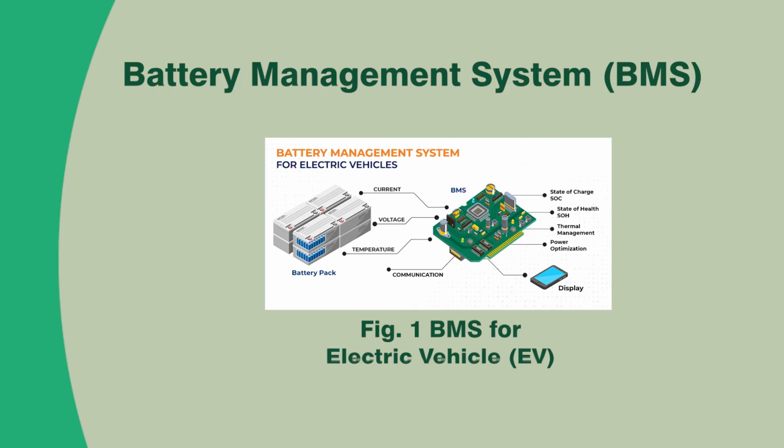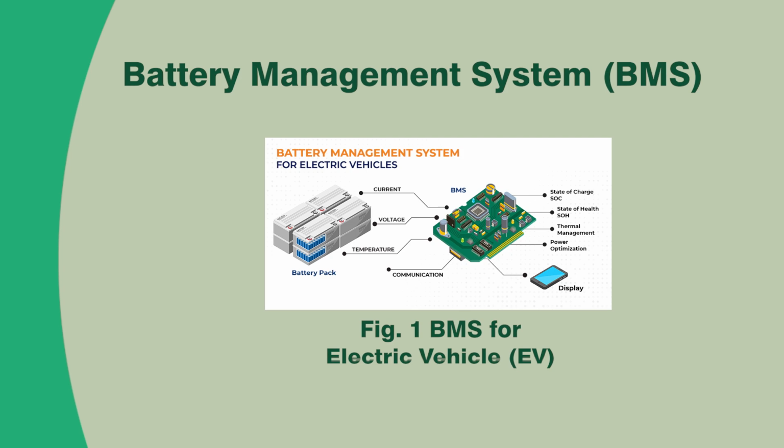Now let us understand the different terminology associated with the battery management system. As you can see in figure 1, the BMS for the electric vehicle is presented. Here you can see the battery pack is connected with the BMS, and the BMS is connected with the terminals of the battery pack.